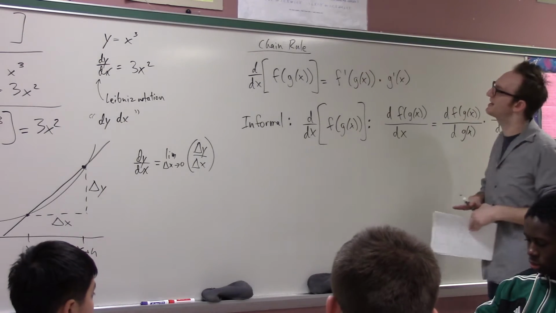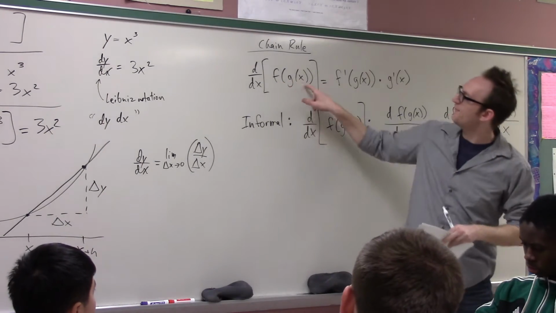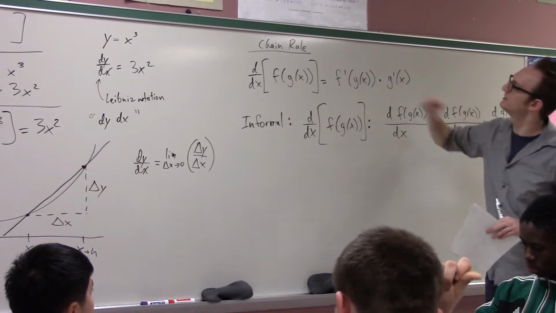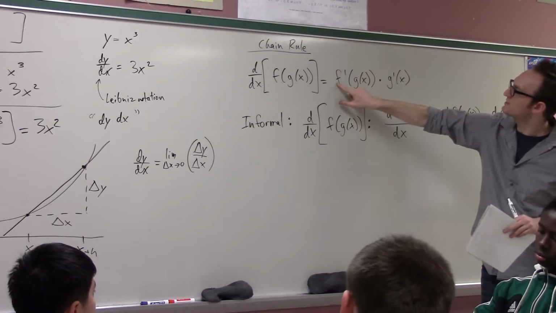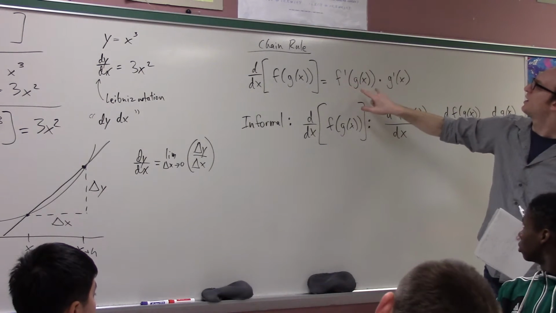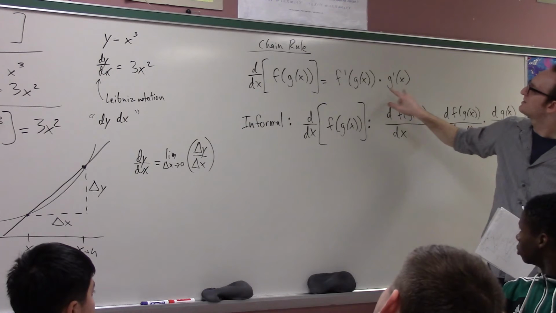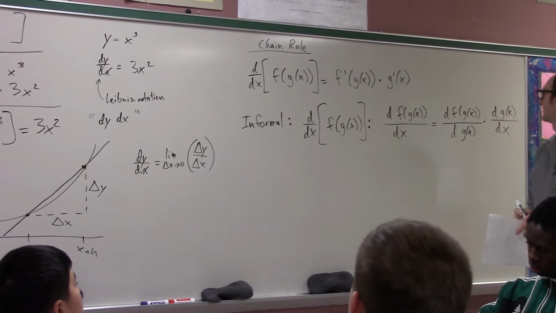The chain rule says if you want to differentiate f of g of x, the answer is the rate at which f is changing with respect to g times the rate at which g is changing.